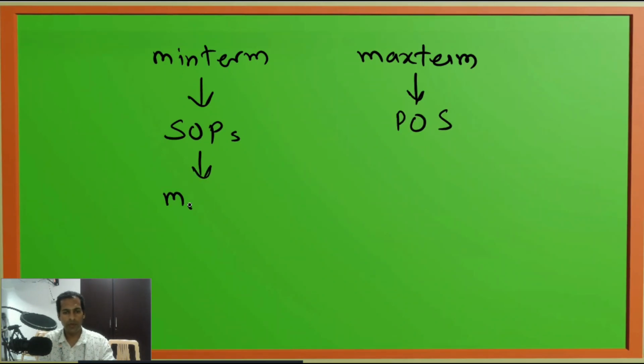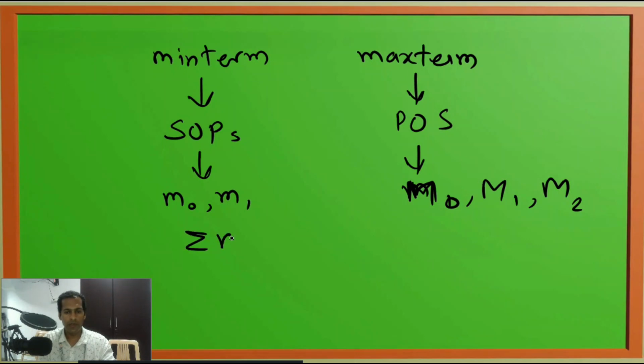Min terms are represented by small letters, max terms by capital letters. This is represented by summation of m. This is represented by pi of M. So these are a few points we have to remember.